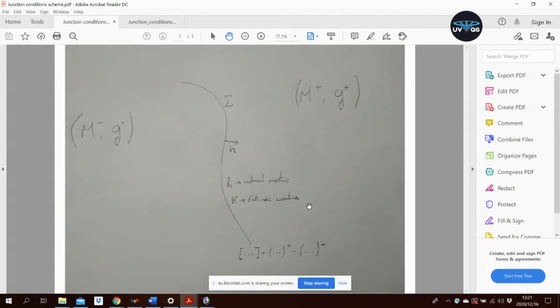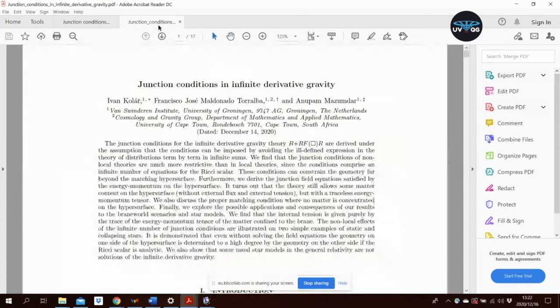So now, I said that I want to focus on non-local theories of gravity. So we need to see first if our theory or action is well defined and our field equations are also well defined.